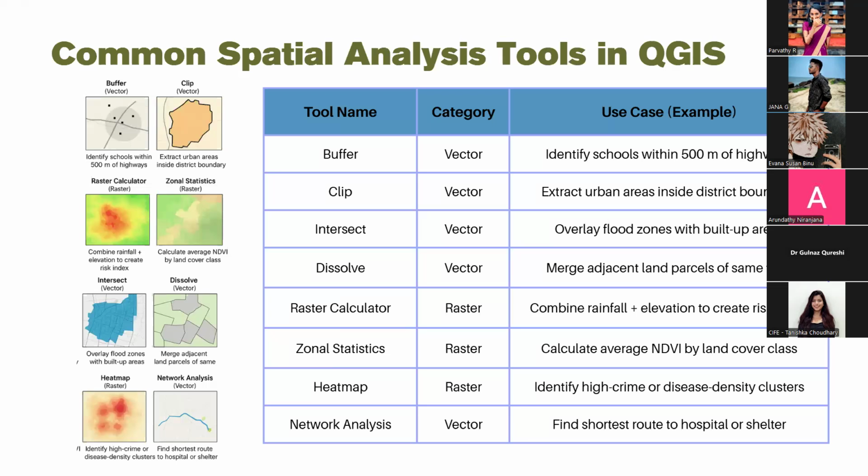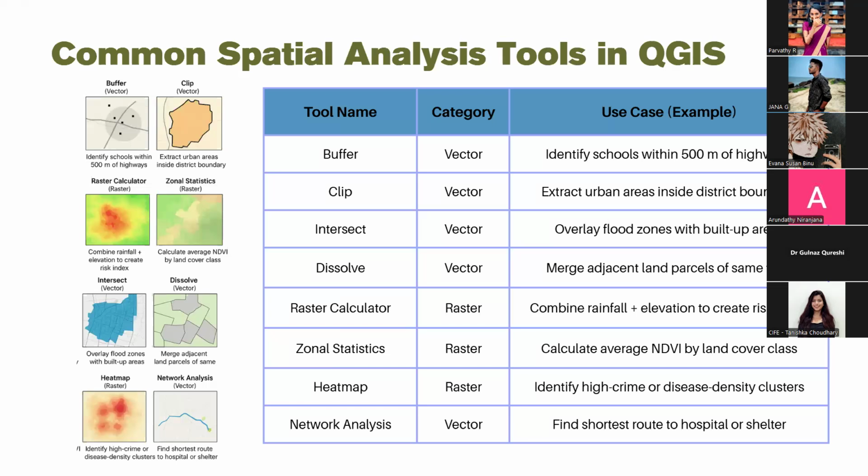Then comes dissolve. This merges adjacent polygons that share a common attribute. For example, if we had land parcels classified by land use type, we can dissolve all agricultural areas into one continuous polygon. Then network analysis helps to understand connectivity and movement. Here we can use the shortest route analysis for the nearest hospital or emergency shelter, wherever we want. Then comes the raster calculator. This allows us to perform mathematical operations on raster layers.